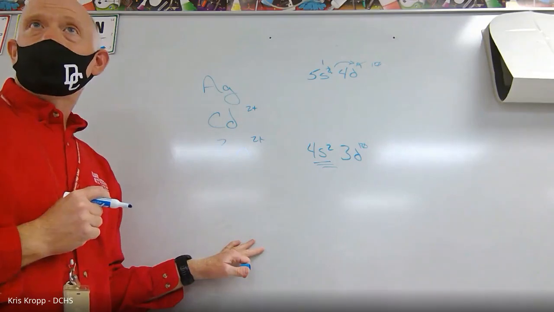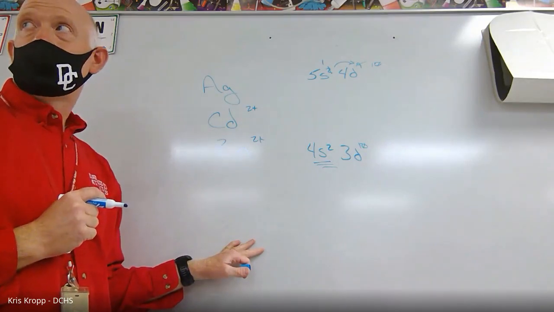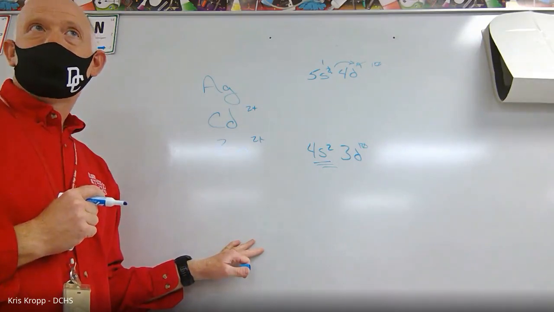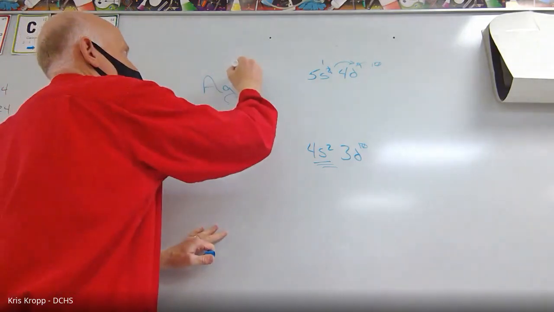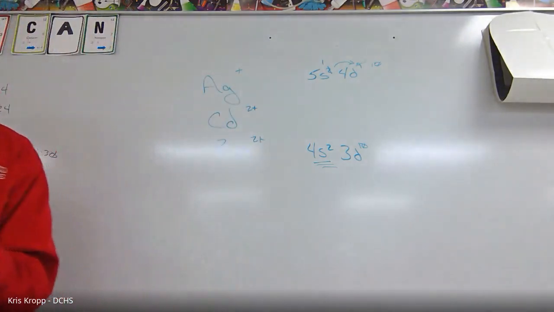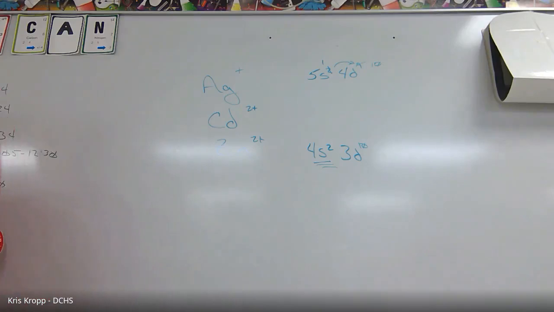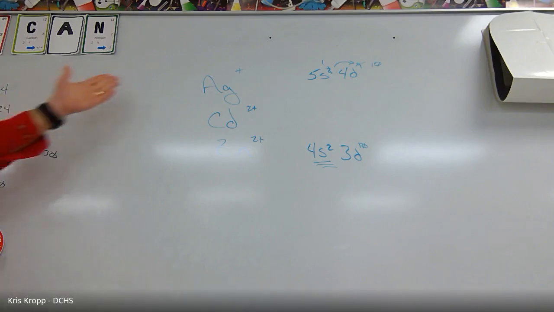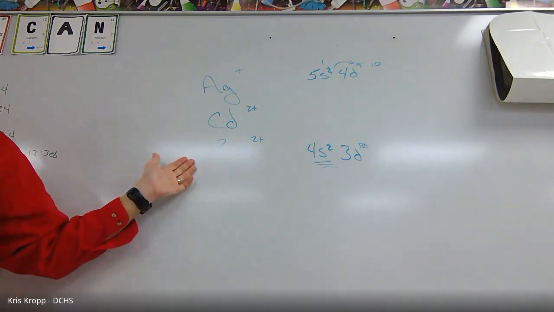Now, how many valence electrons does it have? 1. Only 1. So silver's charge is always +1. It only has 1 that is willing to give away, because the 1 will always go into the d sublevel to fill it up. All right, so these 3 elements, ladies and gentlemen, memorize them.